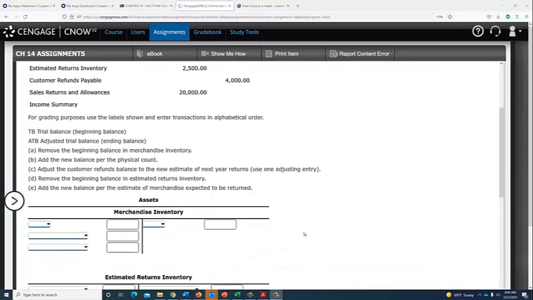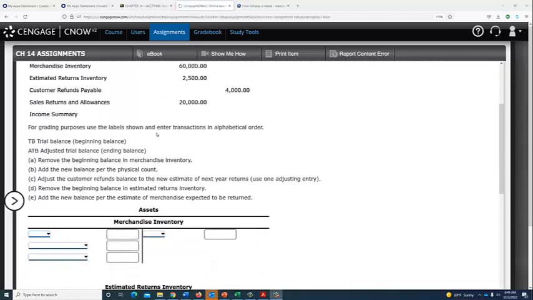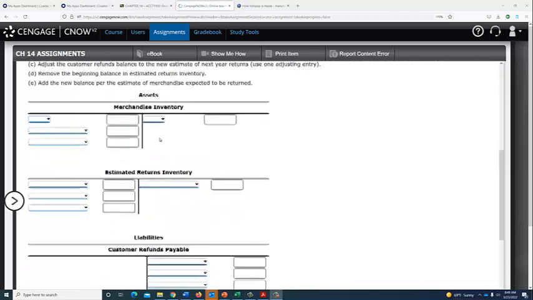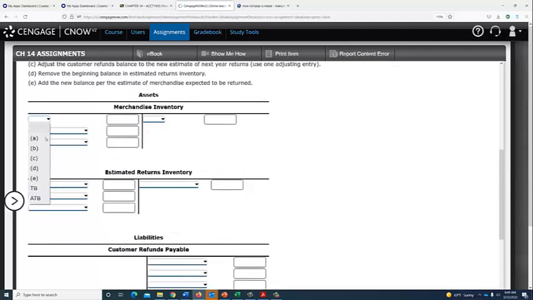To get started, the first thing we'll do is enter the balances from the trial balance. So merchandise inventory has $60,000.